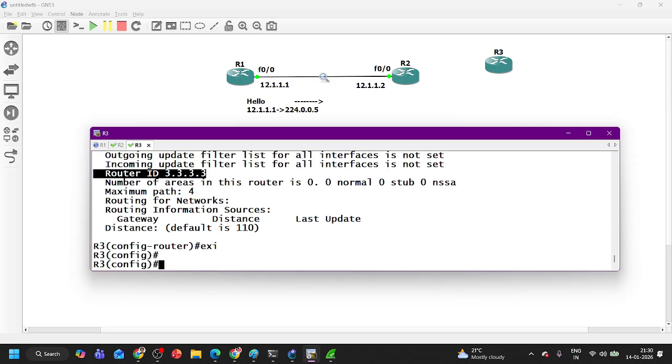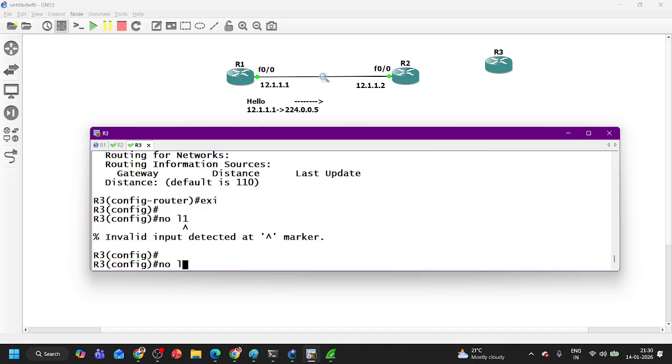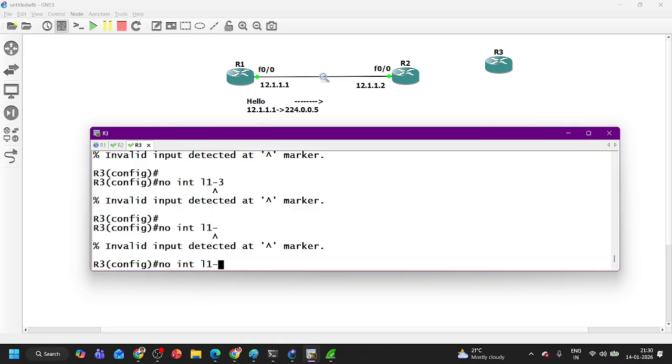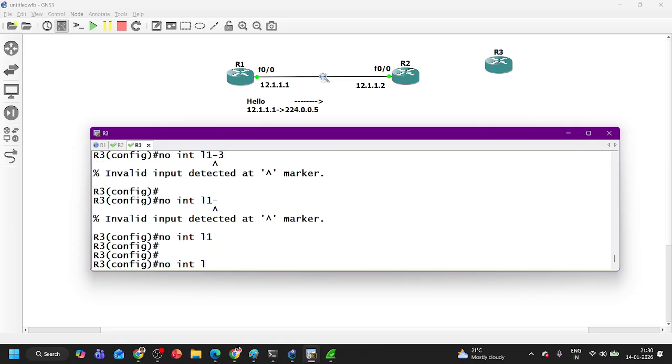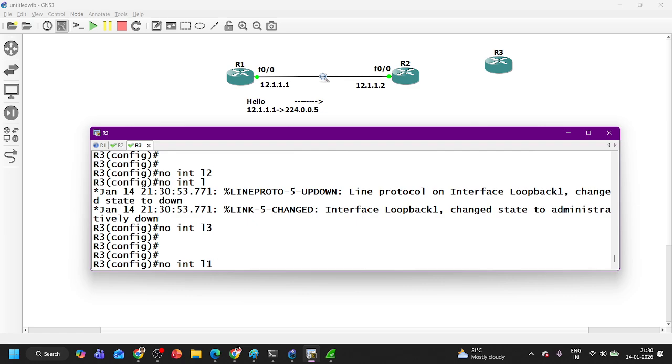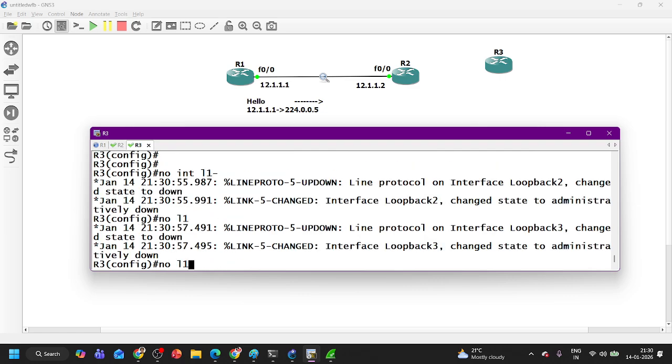And if I am going to do no interface loopback 1, 2, 3, no loopback 2, no loopback 3. Now loopbacks don't exist. What will be the router ID now on router number 3?